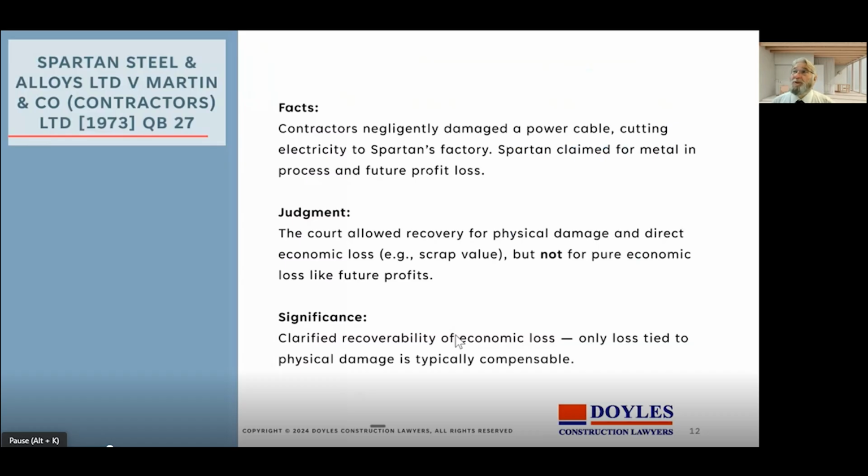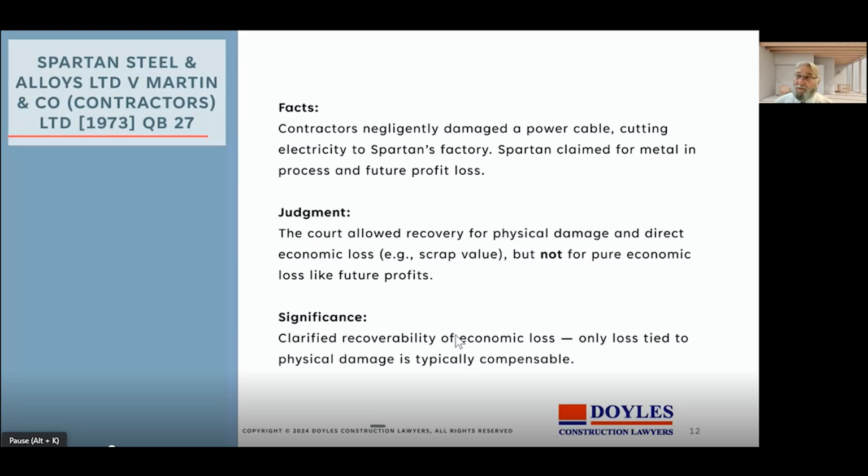And the situation is, though, the law has wavered in the development, and in Spartan Steel, contractors negligently damaged a cable, cutting electricity to Spartan's factory. They claimed for the physical repair and the future profit loss. And the court allowed recovery for the physical damage, but didn't like the claim for pure economic loss, like future profits.